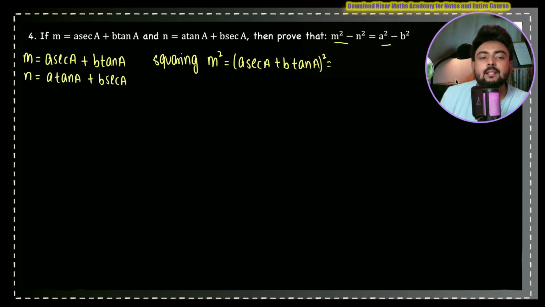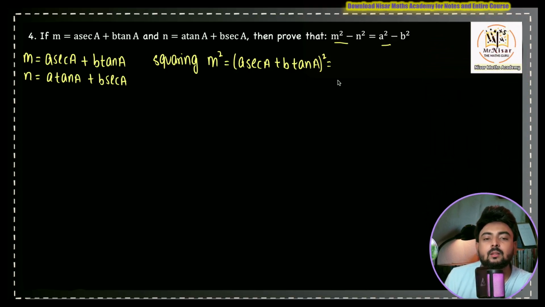I'll be getting this as a square, the (a plus b) whole square formula you have to apply: a square plus 2ab, that is 2 into a into b into sec a into tan a, plus b square, that will be b square tan square a.